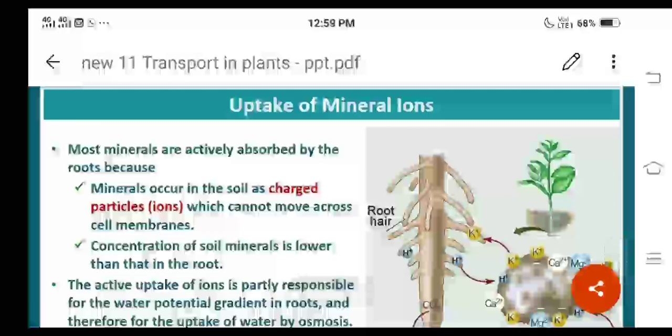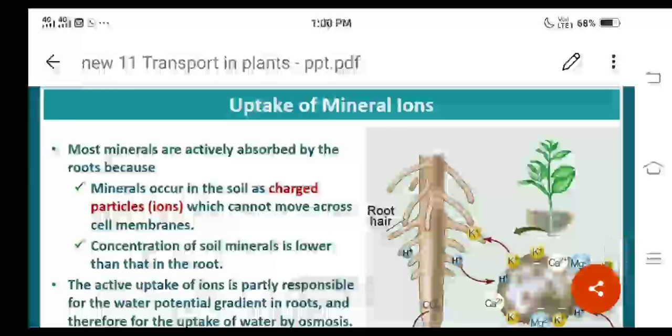Because of this reason, most minerals must enter the root by active absorption into the cytoplasm of the epidermal cells. This process needs energy in the form of ATP. Already we have studied this process; the active transport mechanism involves the utilization of energy.